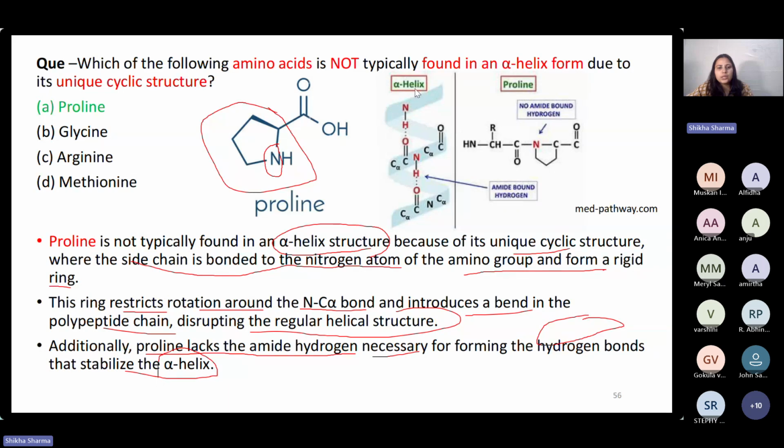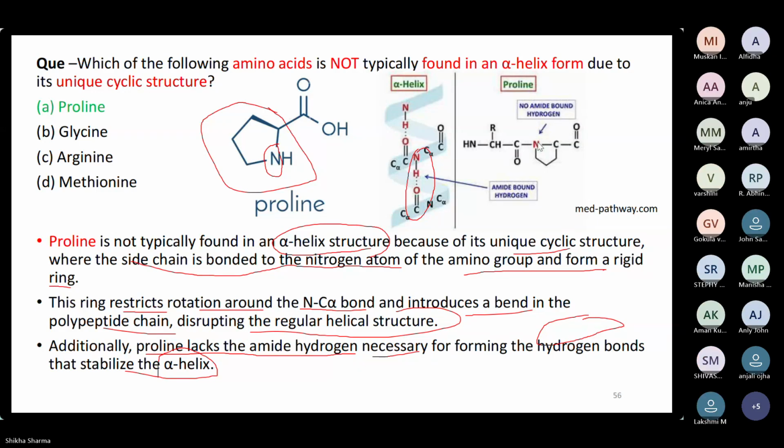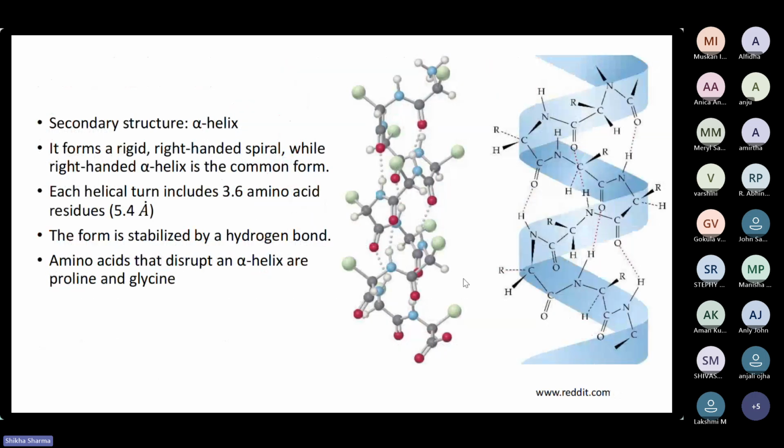So in an alpha helix we need this amide-bound hydrogen group, which helps in the formation of hydrogen bonding. Here we don't have any amide-bound hydrogen. Also, its cyclic structure is very rigid and cannot be converted into a regular helical structure.